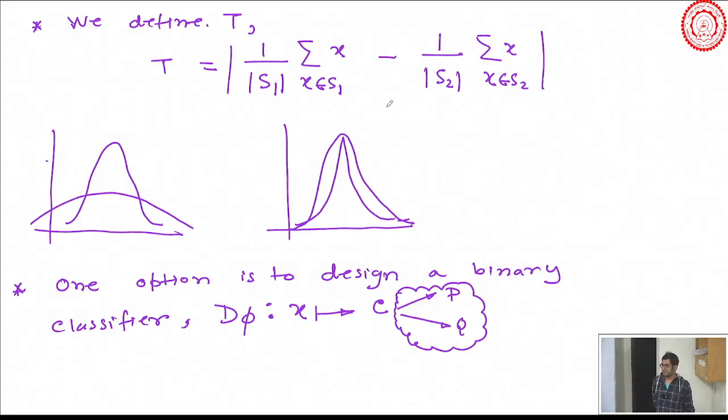We are doing a binary classification. Whenever it is 0 or 1, it is always Bernoulli. You can assume P to be 1 and Q to be 0, so it becomes a Bernoulli distribution.